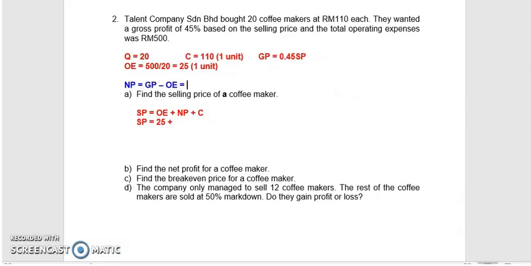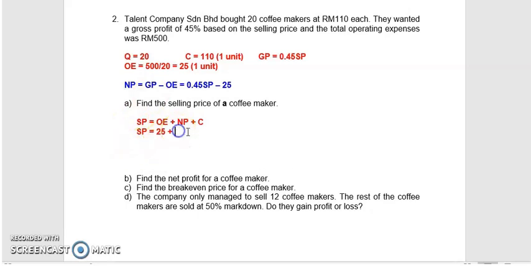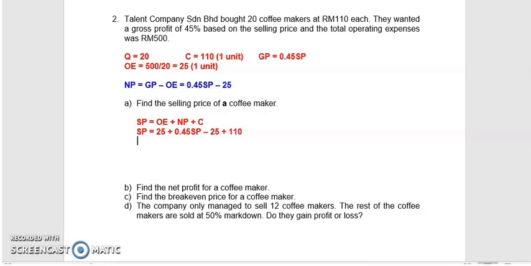So GP is 0.45 SP minus OE is 25 ringgit. Okay, then you substitute NP. NP is 0.45 SP minus 25 ringgit plus cost. So cost for the 1 unit is 110.